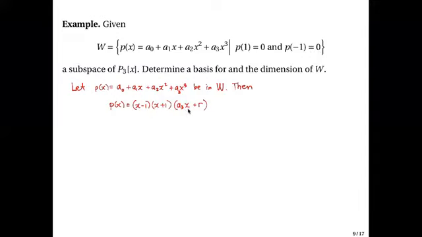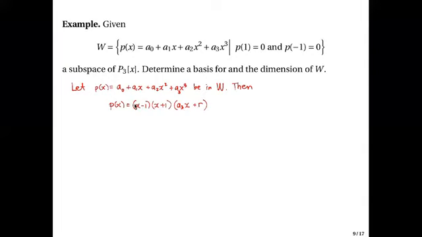What about this a sub 3 x plus r? It came from, of course, after factoring out x minus 1, x plus 1. And it's a general polynomial now. To be more precise, it's a general linear function.